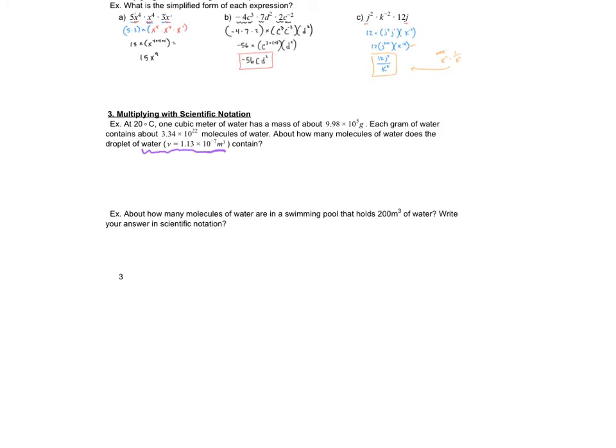So in doing so, we are going to have our volume multiplied by our mass. And we're going to multiply that by how many molecules of water are in each gram.